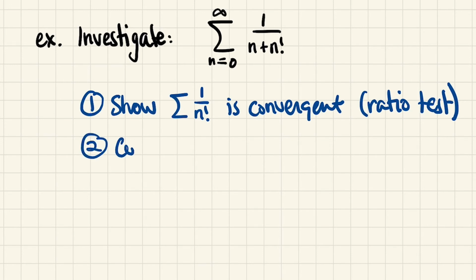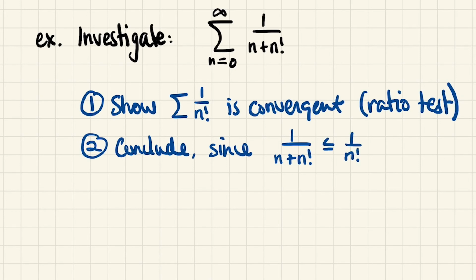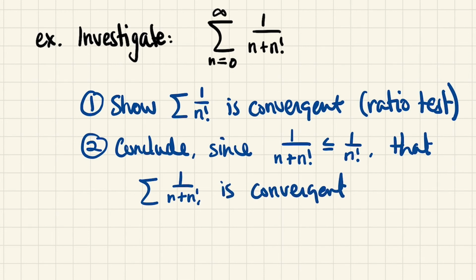Then we're going to conclude that since the term of the series we're interested in is smaller than the term of the series we just showed using the ratio test is convergent, the series we're interested in is convergent. So this is what we mean when we say we're using the direct comparison test to drop an unwanted term. All right, so we kind of dropped that n from the original series.